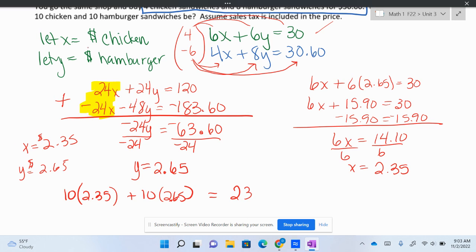Well, that's 23.50 plus 26.50, which equals $50, right? Could you go buy 10 chicken sandwiches, like 10 McChickens, and 10 cheeseburgers for $50? I don't think so. I don't know. I don't eat them.